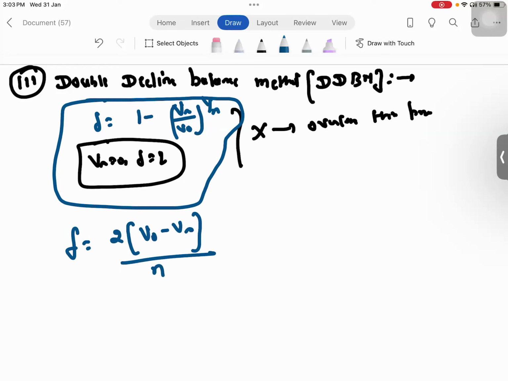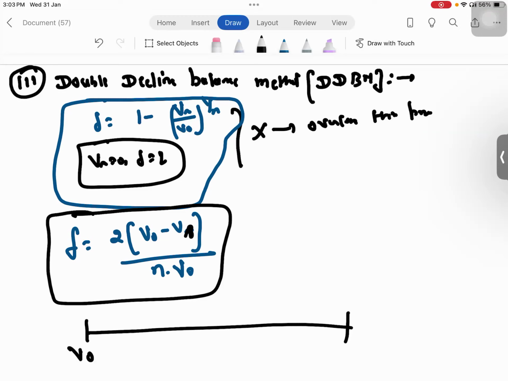And the rest of the calculation will be the same. If I want to calculate, let's say, the depreciation in the first year, I'll start from V naught, the original cost of the equipment, and Vs is the salvage value, having a service life of N years. So here, let's say these are your V1, V2, V3, and so forth. So your depreciation is D1, D2, D3, and so forth.